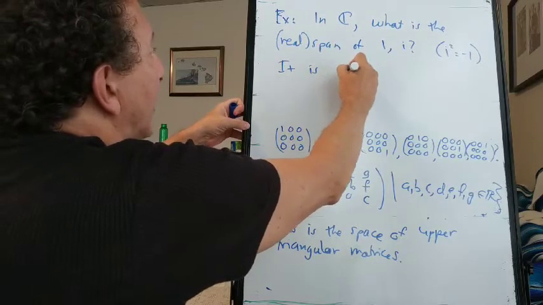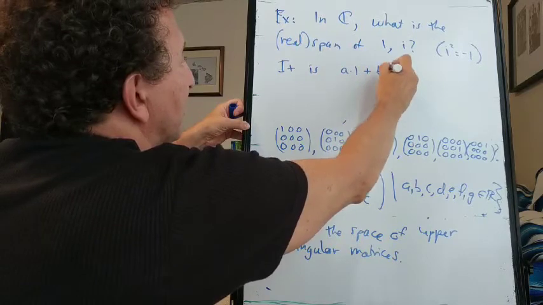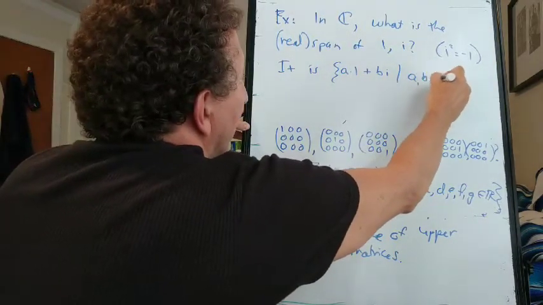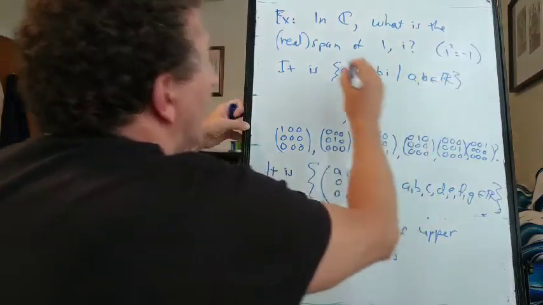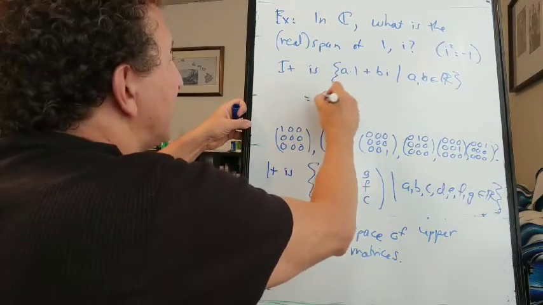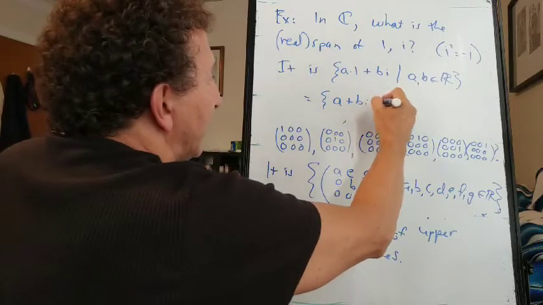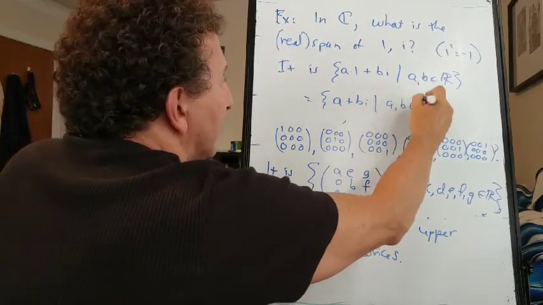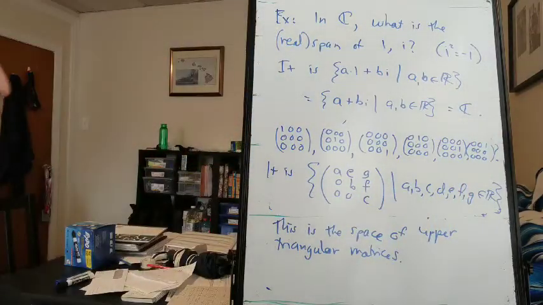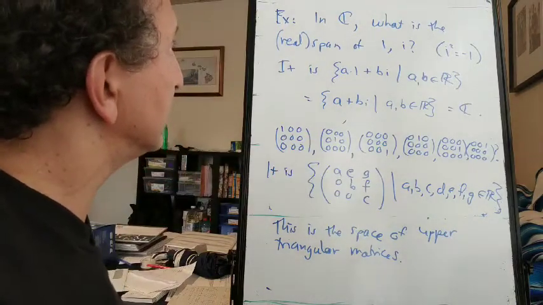So it's all real multiples of 1 plus all real multiples of i, which is the same as saying all real numbers a plus all real multiples b of i, where a and b are real. So it's all the complex numbers, because every complex number can be written as real plus real times i.